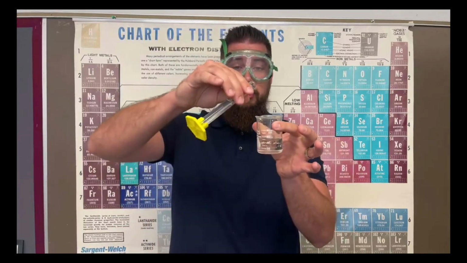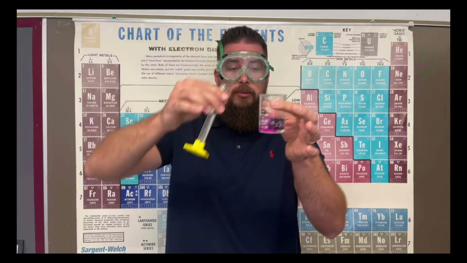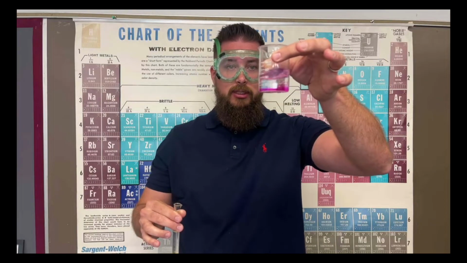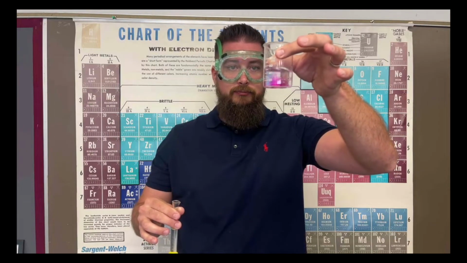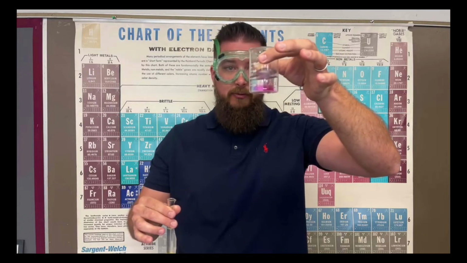But when I put this in here, let's say that I put a little bit of base in here. Notice how it turns pink right there, because the phenolphthalein is pink inside of a basic solution.